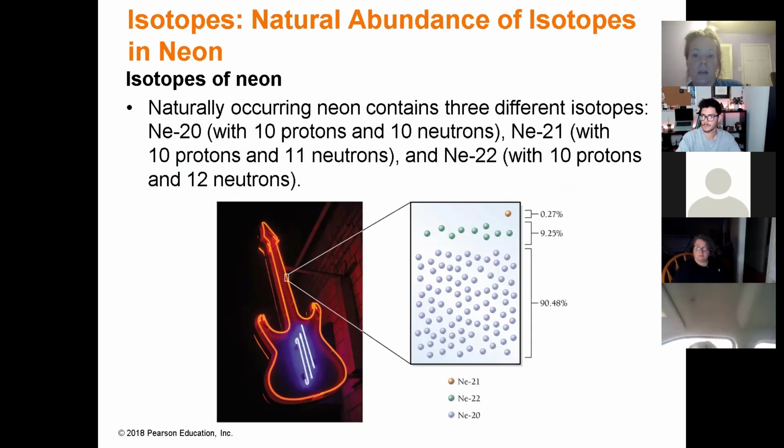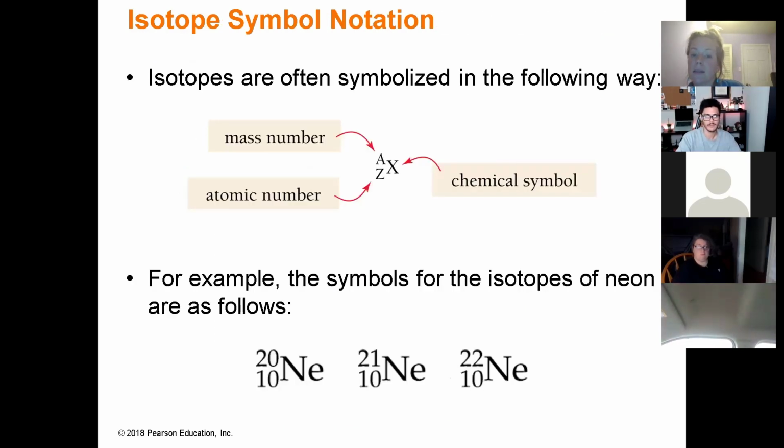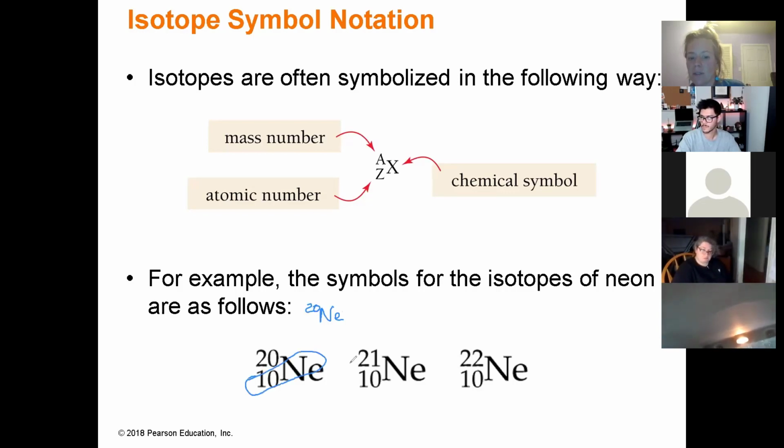So let's look at some other ways that you can write an isotope. One way is to write the symbol here, and then to put the mass number in the upper left-hand corner and the atomic number in the lower left-hand corner. So neon 20 with the 10 in the bottom. I will write it like that sometimes, or sometimes I write it like this, neon 20, and I won't write the 10, because if it's neon, isn't this always going to be 10?